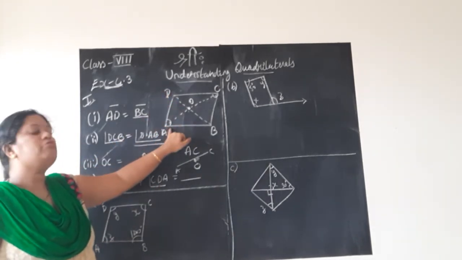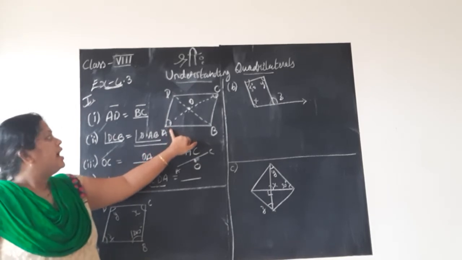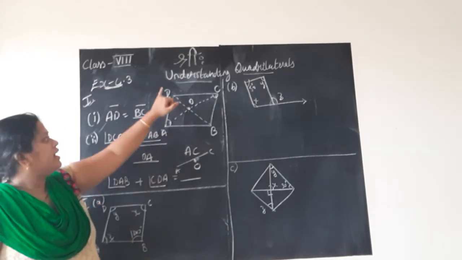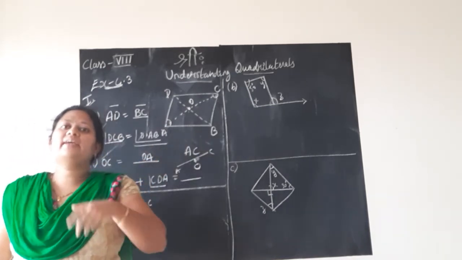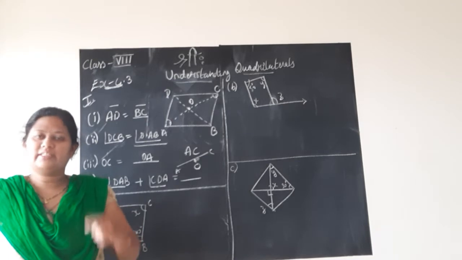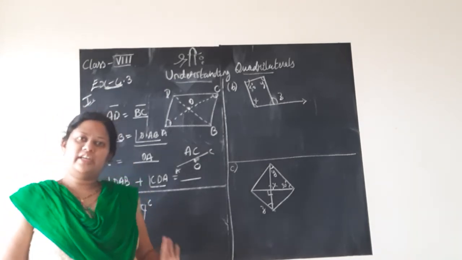Like angle A, if I want to measure angle A, I read it as angle DAB. That angle should be in the center always. Keep this in mind whenever you mention any angle.